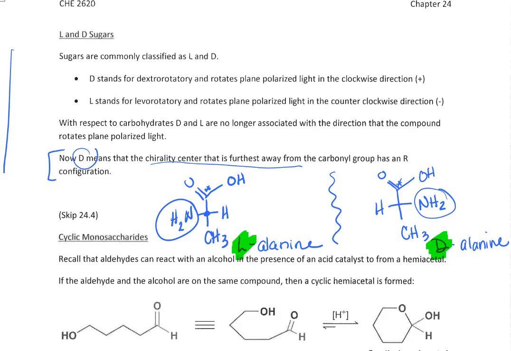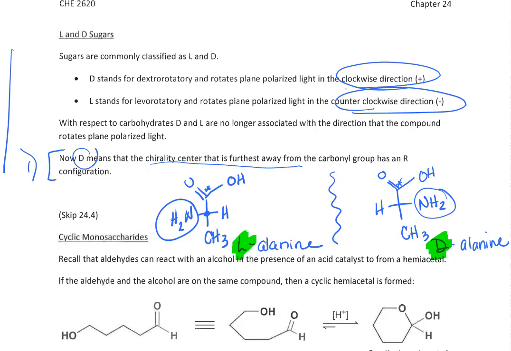So then the other thing that Fischer did, so this came first, and then he was like, okay, well, I'm just going to take a guess. And he said that your D is going to end up rotating plane polarized light in the clockwise direction and your L in the counterclockwise direction. And so he guessed this. And it wasn't until the 1950s that his guess was shown to be true.